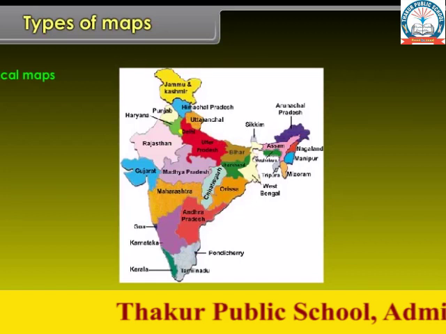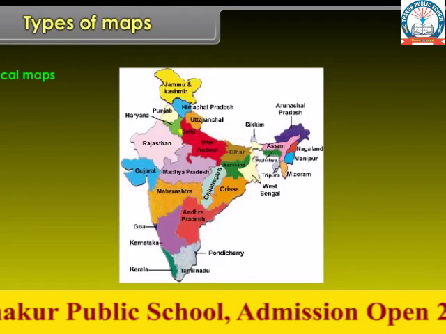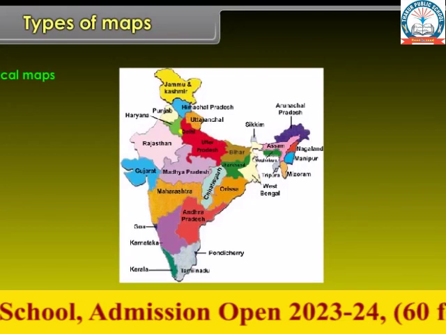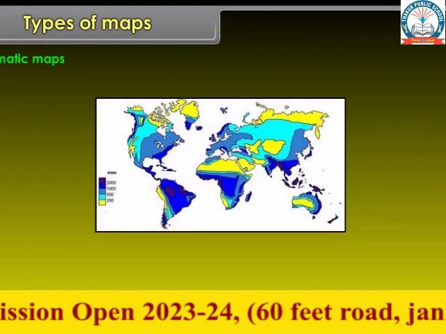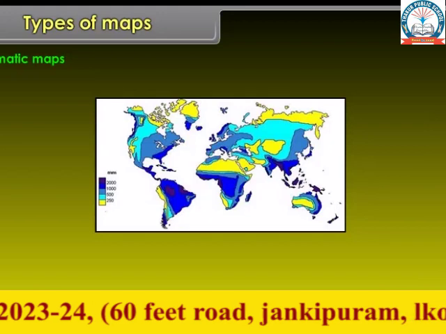Political maps show different countries and states of the world with their boundaries. Example, political map of India. Thematic maps. Maps showing specific information are called thematic maps.